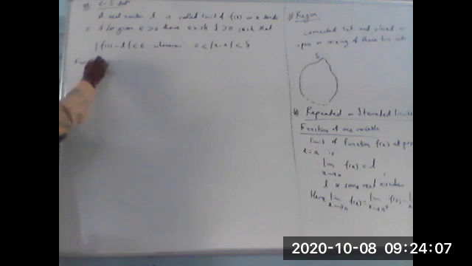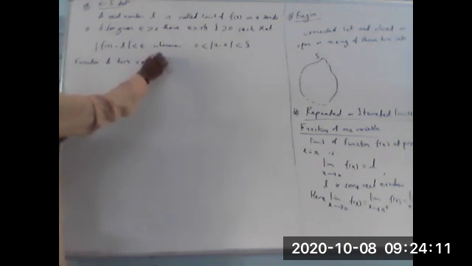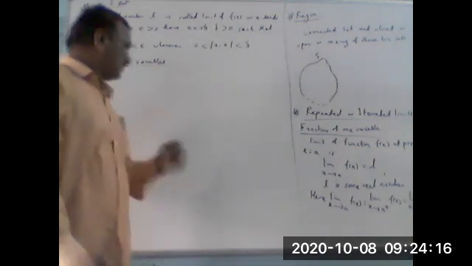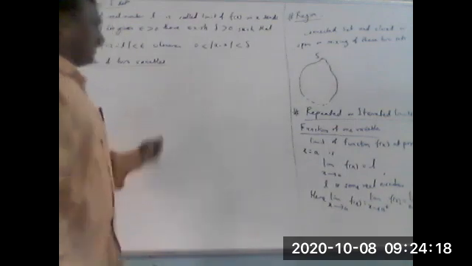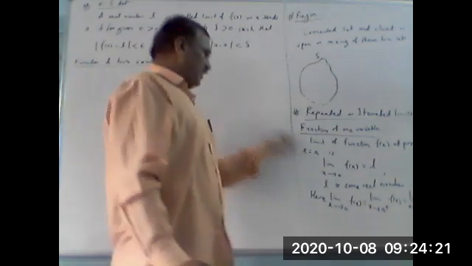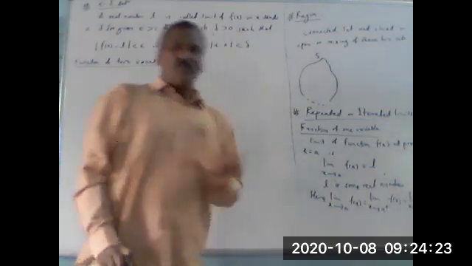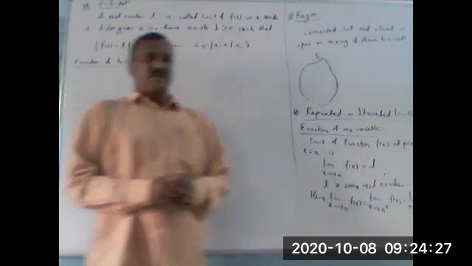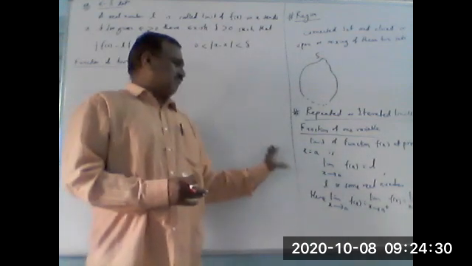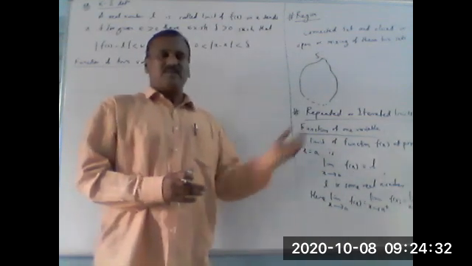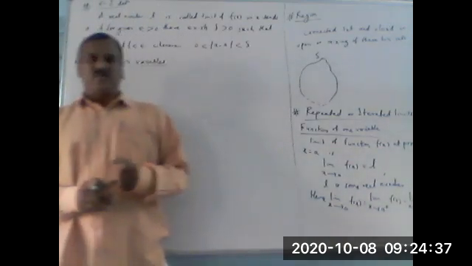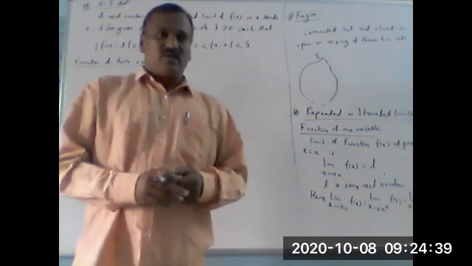Now for a function of two variables, we are having two variables, and the question arises whether to consider the two variables at a time, simultaneously, or one by one. For a function of one variable this can't be a question, but for a function of two variables it is important.